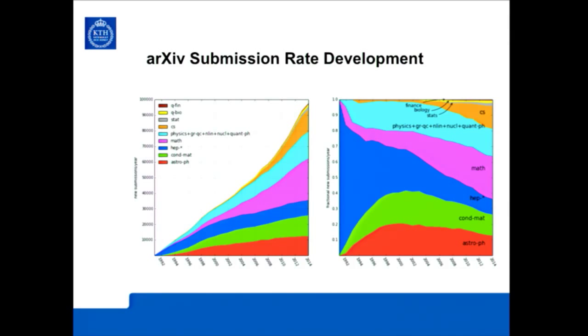Some statistics from arXiv. These figures show the different areas; the different color coding represents different areas. For example, my area, which is the dark bluish HEP, this band here, has basically been constant and not changing so much in the number of submissions.